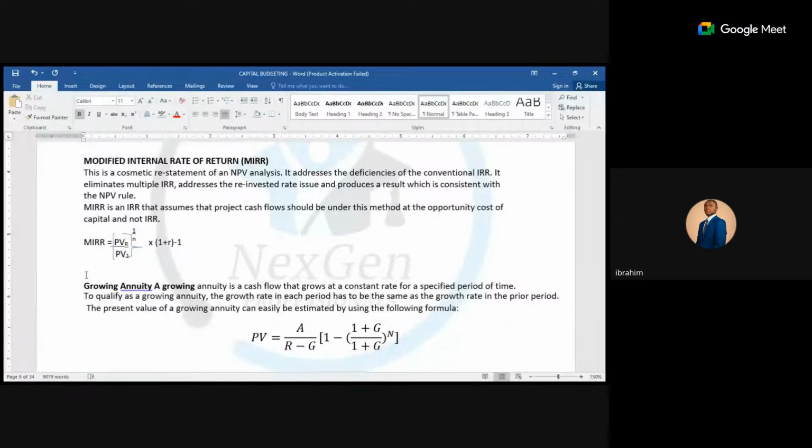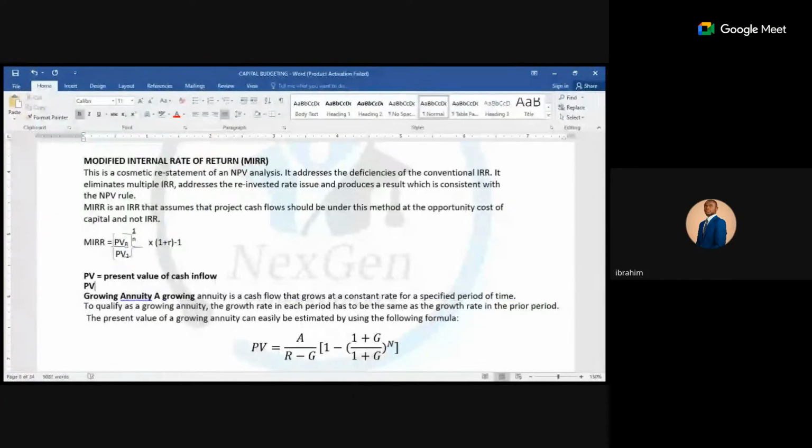The PVR represents present value of cash inflow, while the PV1 represents present value of cash outflow, or present value of investments, right?